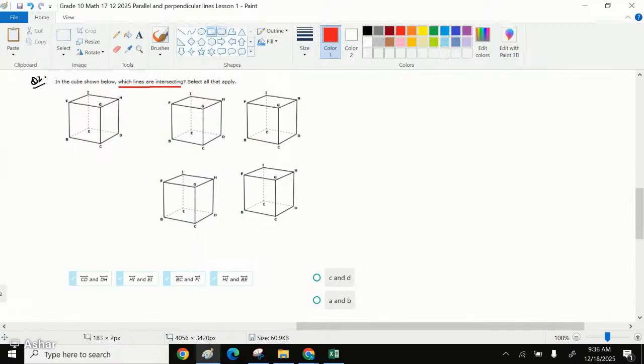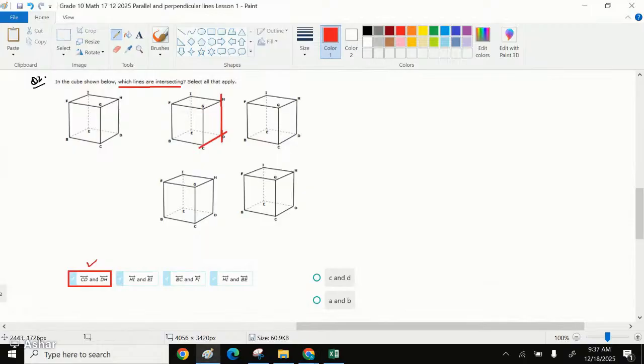If we want to do CD and DH, where can we find CD? We can say this is CD and this is DH. That means this is an intersecting line.